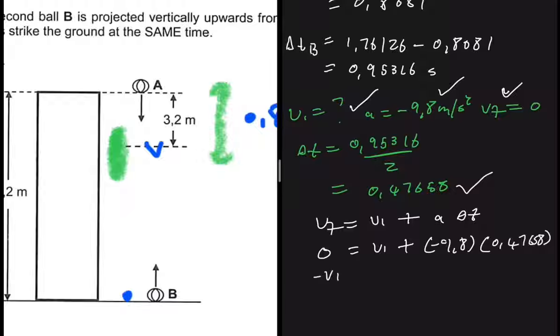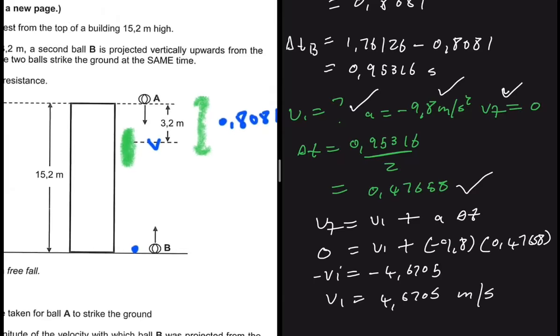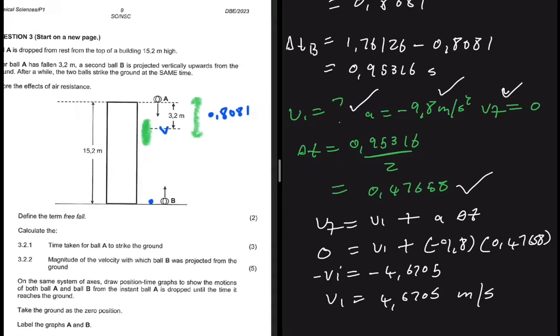So minus VI is going to be equal to minus 9.8 multiplied by 0.47658. Right, so I get minus VI being equal to minus 4.6705. And then VI is equal to 4.6705 meters per second. Right, that is the initial velocity with which ball B is projected upwards.